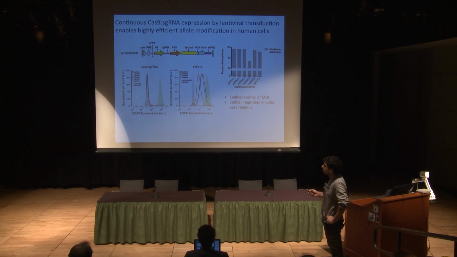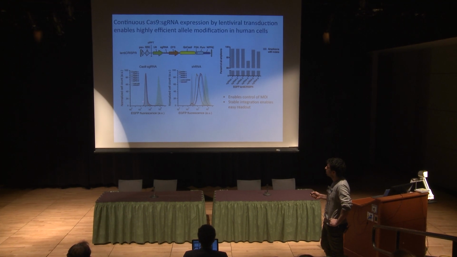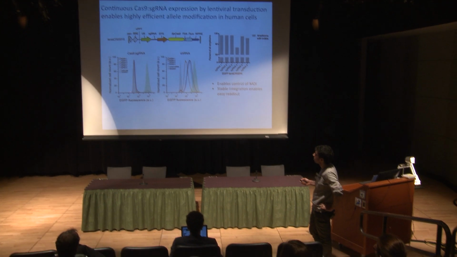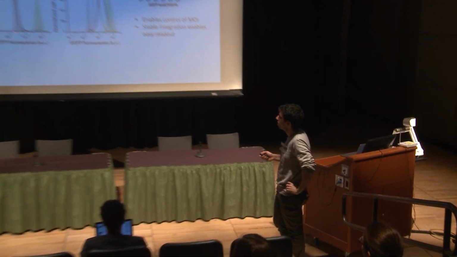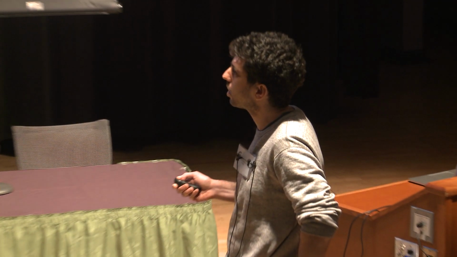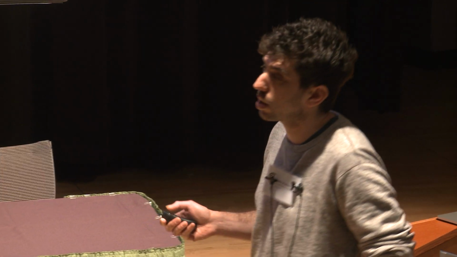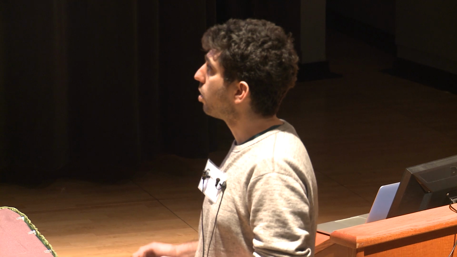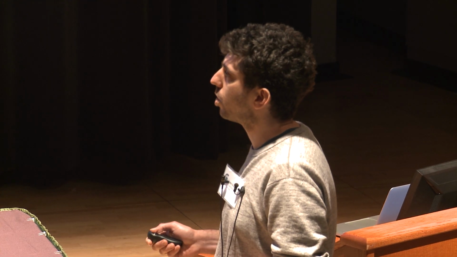And this is after 10 days of selection. This is targeting with Cas9, and you see that most of the cells are completely indistinguishable from cells that do not have EGFP, which the gray color here indicates. So it's almost 100% genomic modification.